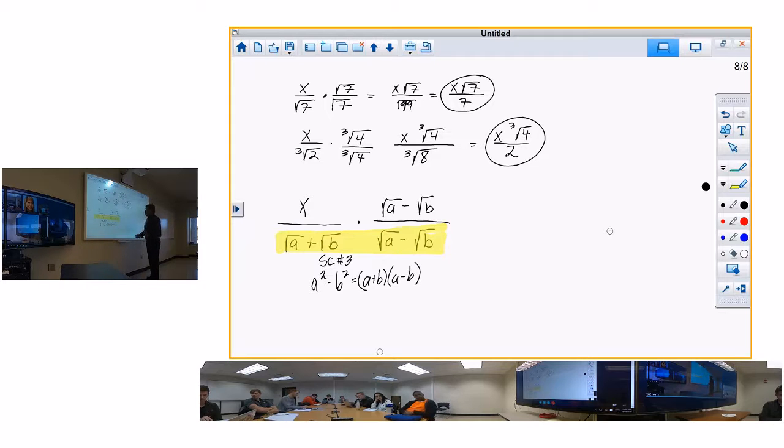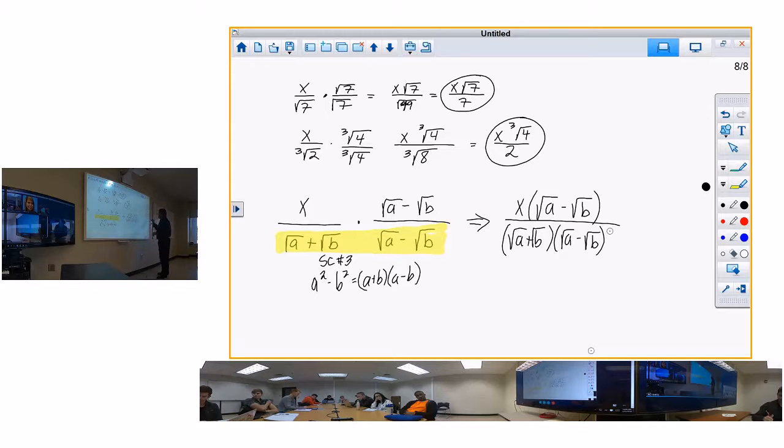So if I do this the long way for review, I'll write everything out. x times the square root of a minus the square root of b over the square root of a plus b times the square root of a minus the square root of b.